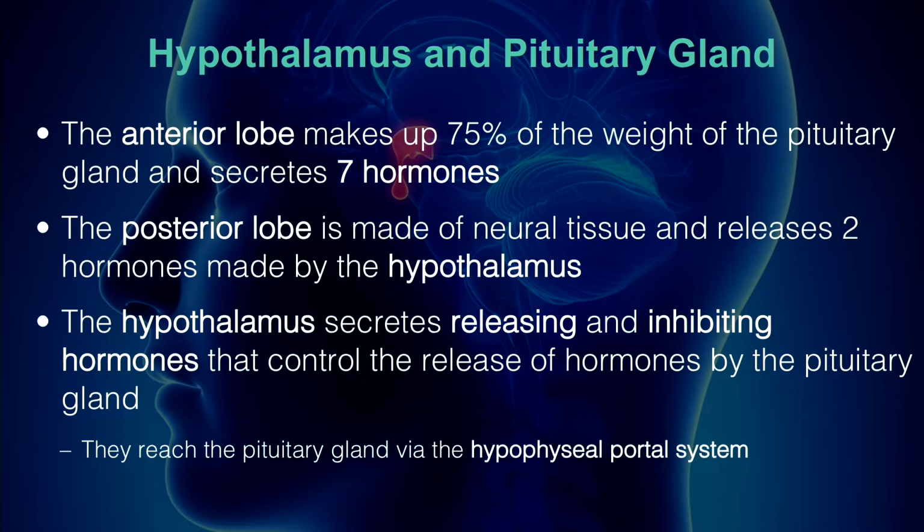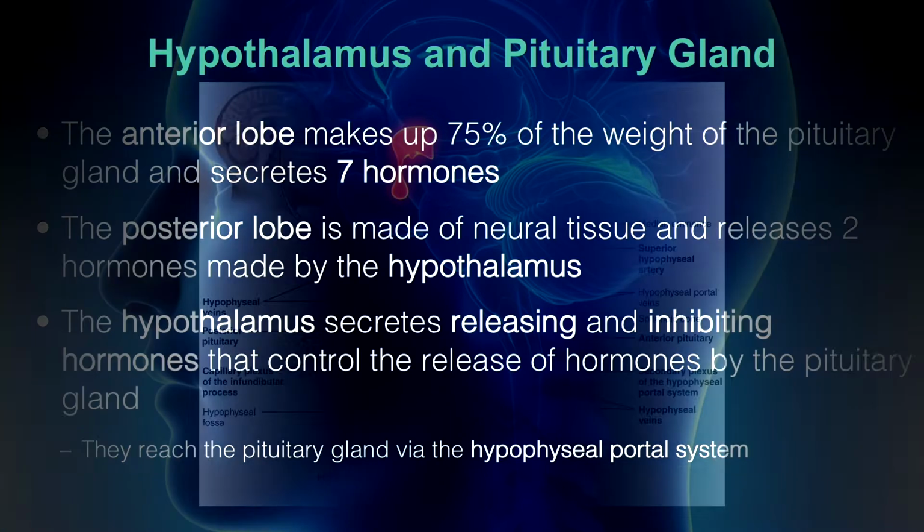Their actions are focused really nicely through this hypophyseal portal system. And what that means is blood flow connects the hypothalamus and the pituitary directly. Anything released from the hypothalamus can't go anywhere else. This portal system ensures that it goes directly to the pituitary gland.